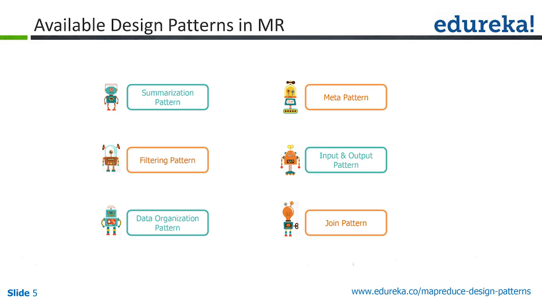But actually, meta pattern is not a pattern in the real sense, because you're not trying to solve a business problem here. You're basically trying to chain together multiple MapReduce jobs in a directed acyclic graph, so that you can build more complex systems out of your MapReduce jobs.